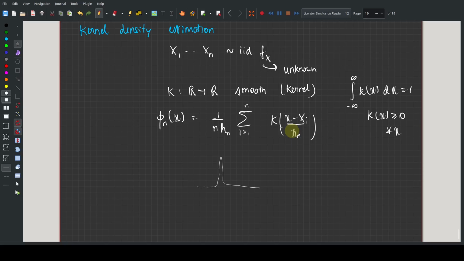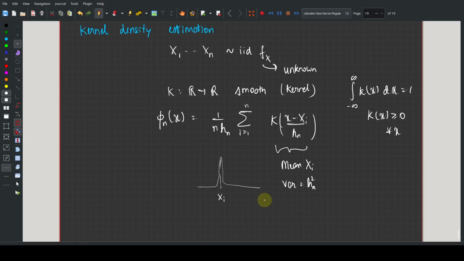It'll have mean xi. And what about the variance? It'll just be hn square. So assuming that k is a zero mean random variable, this will have mean xi and variance equal to hn square.